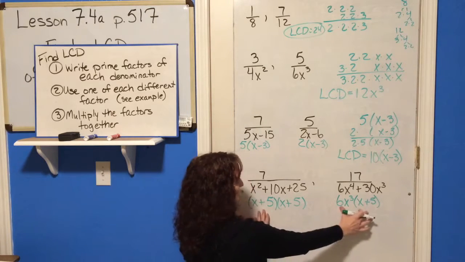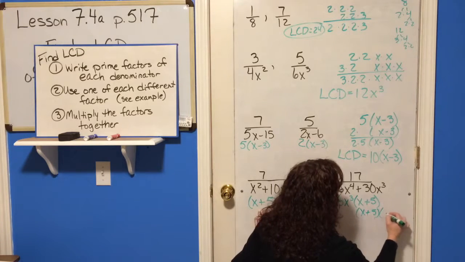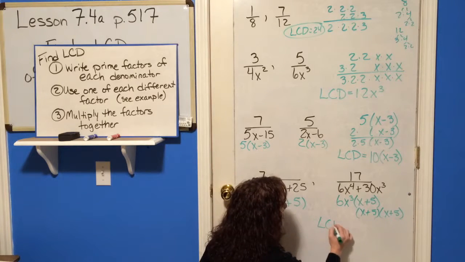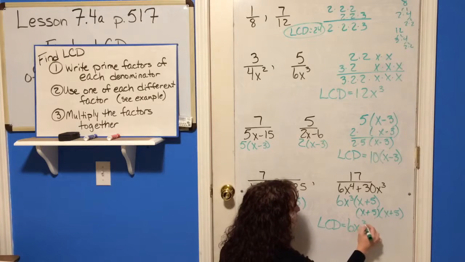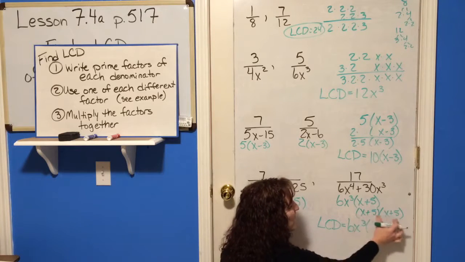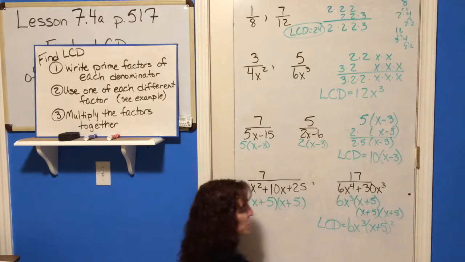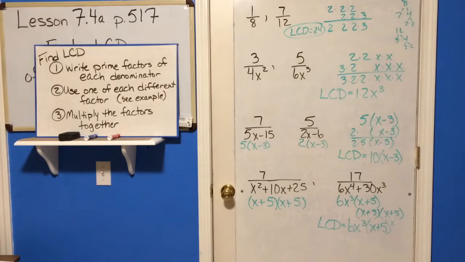So you can just put this x plus 5 under this x plus 5. So now you can see your LCD is this 6x cubed times x plus 5 times x plus 5, which, remember, is just x plus 5 squared. So you can just put a squared on that. And that is your LCD.